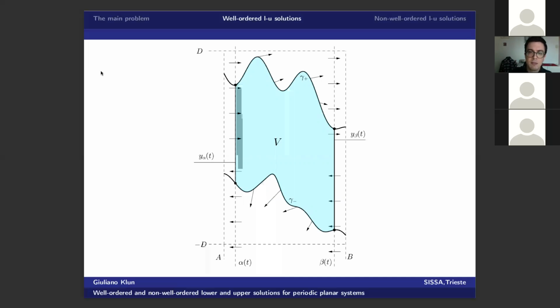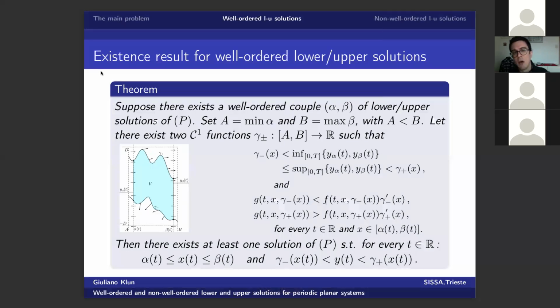We can now enter into details to make this hypothesis explicit, and we have to suppose that these two functions, gamma minus is less than the infimum of y_alpha and y_beta, and gamma plus has to be greater than the sup of y_alpha and y_beta.